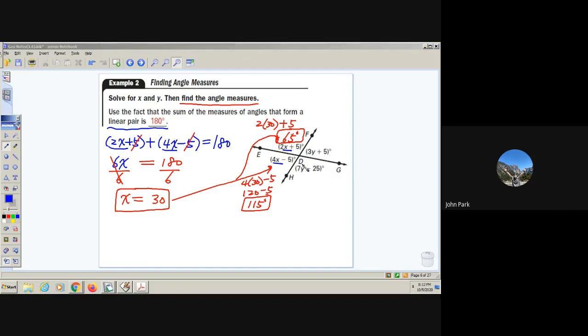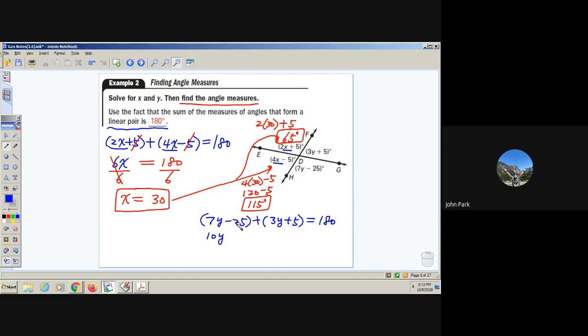We add 7y minus 25 plus the other angle, which is 3y plus 5, and that's also going to equal 180 degrees. Again, that's the linear pair on the other side. The 7y and 3y are on the same side of the equal sign, so you just add them. That's 10y, since 7 plus 3 is 10.